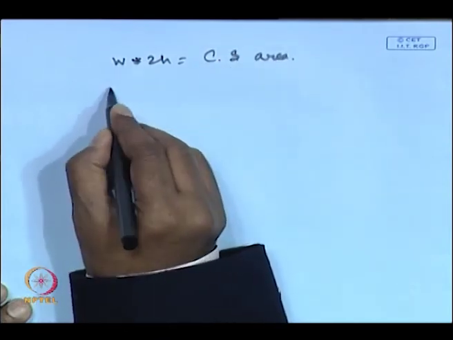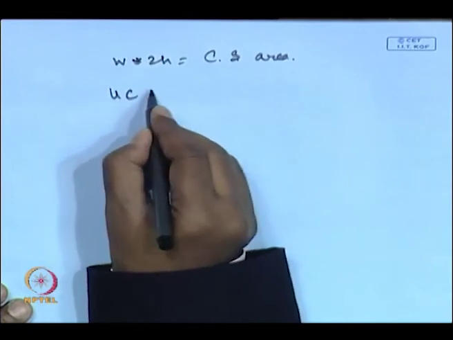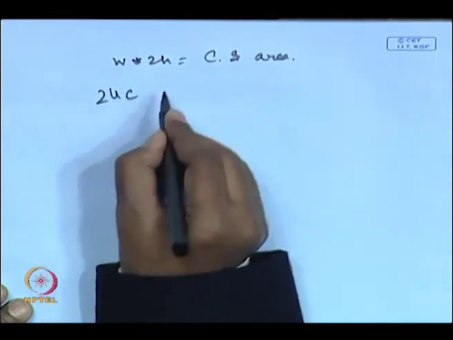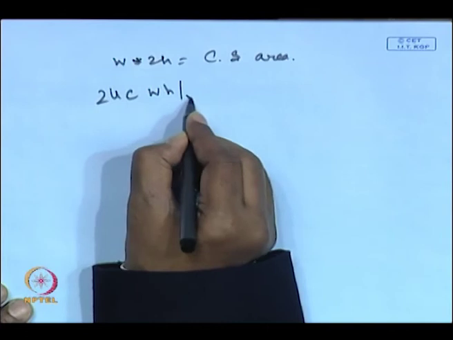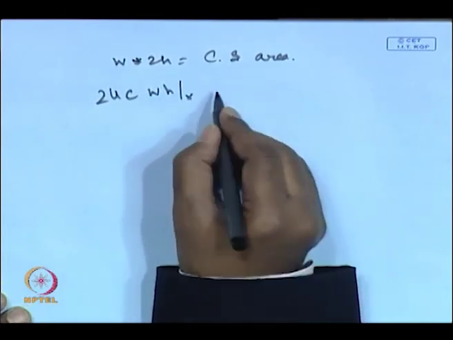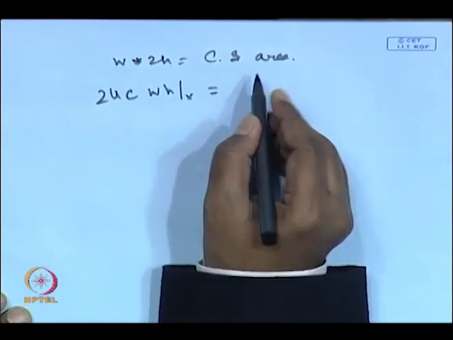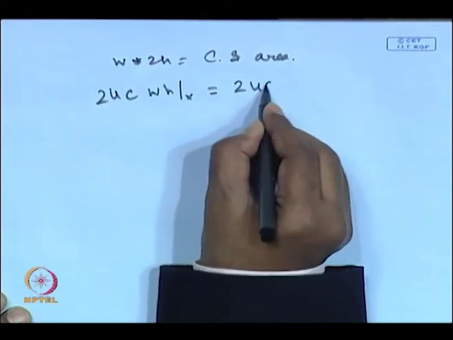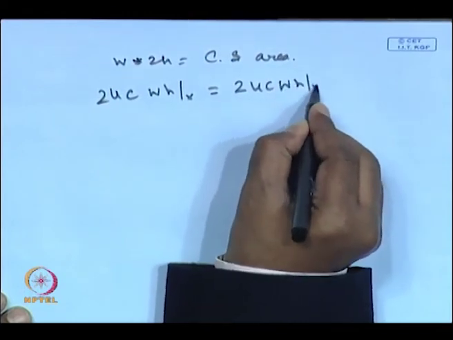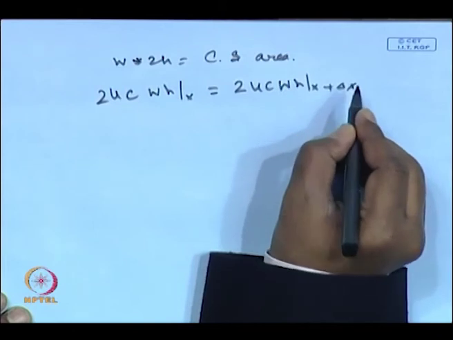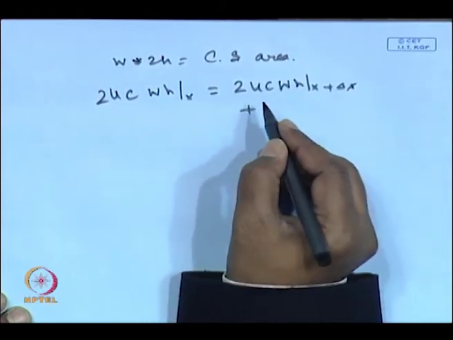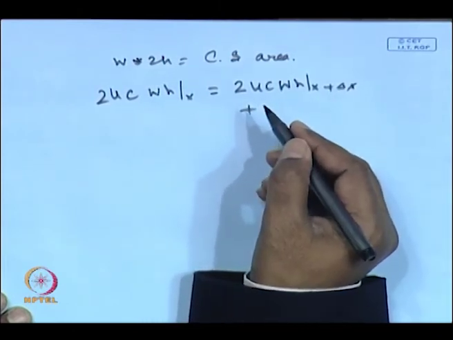So u C times 2WH, that is at x, in is equal to out, and what is out? u C 2WH at x plus delta x plus the material that is going out with the permeate.